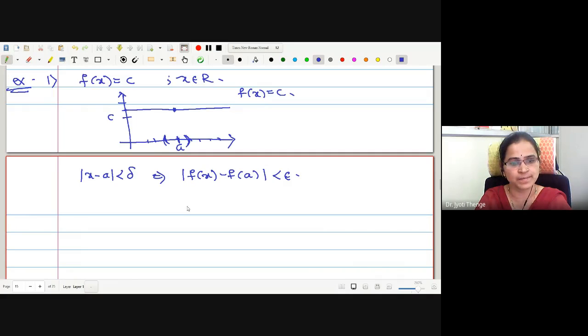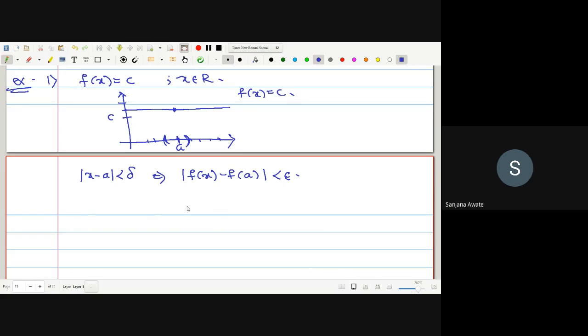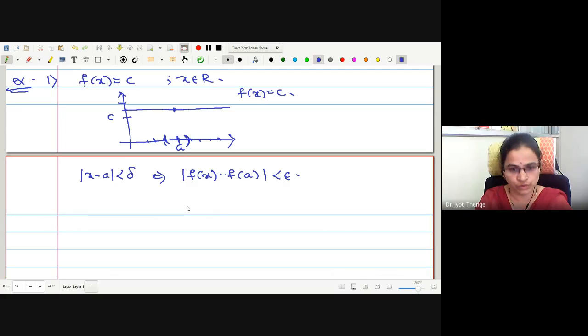Can you tell me the epsilon delta relation in this example? Delta depends upon the chosen value of epsilon. Good. But what is the exact relation in this example? Can you tell me for which value of epsilon what will be the delta?